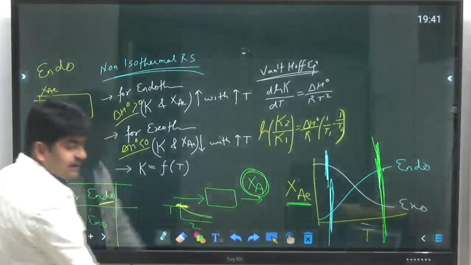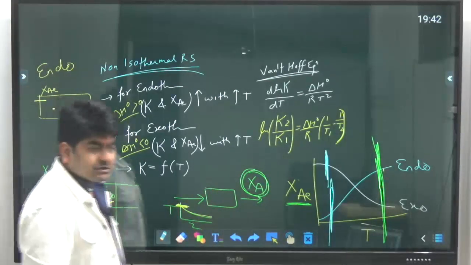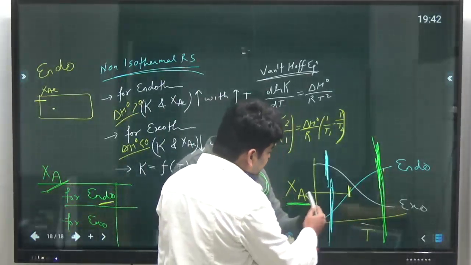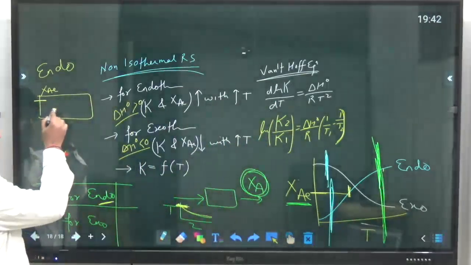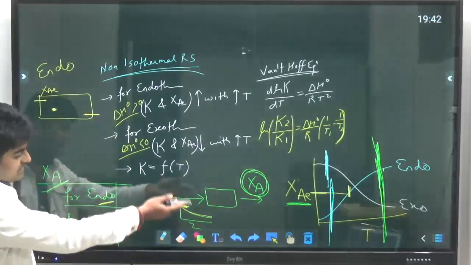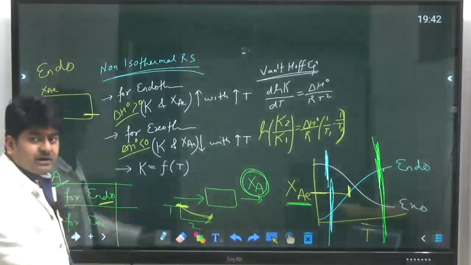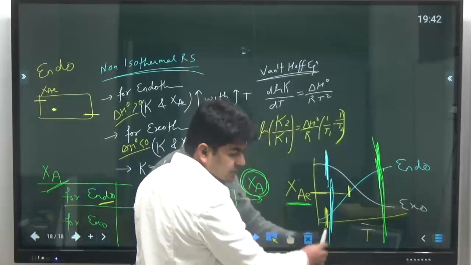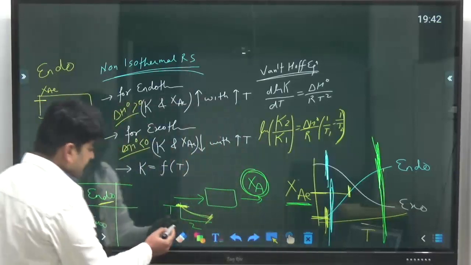And as temperature is decreasing, means at this point we have lower temperature. So equilibrium conversion will be low, means at that point conversion will be low. And finally at exit we have the lowest possible temperature of the reactor. So for endothermic reaction we can see if temperature is low, equilibrium conversion is low as well.